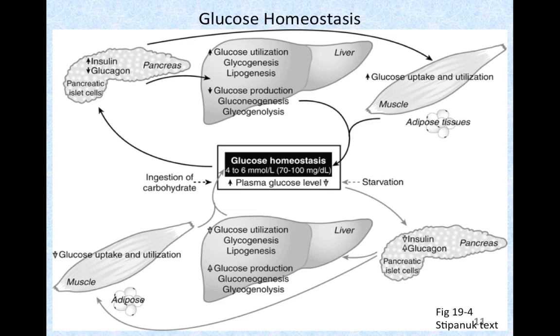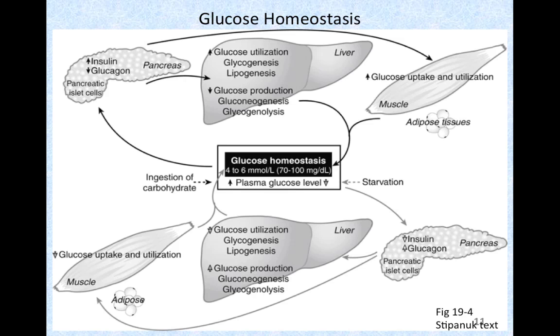Okay? So now, for example, how do we regulate glucose? If we start off in the center here, we see that glucose homeostasis, which means in fasting scenarios, the blood glucose concentration is between 4 to 6 millimoles per liter, and that is 70 to 100 milligrams per deciliter.